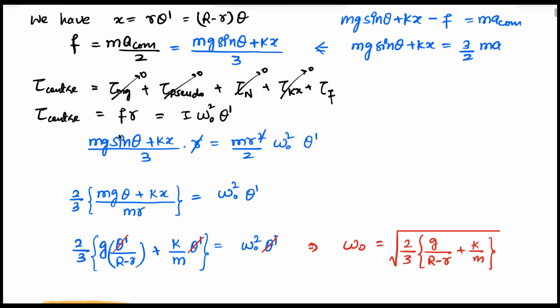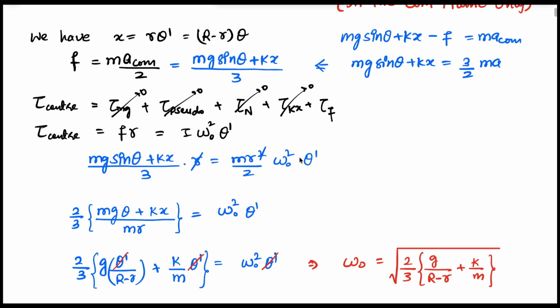Now write the friction's torque. This is the friction; its torque, when you multiply by r, equals, because we are writing the torque about the center of mass, you have to write the moment of inertia also about the center of mass. So this is m r square by 2, for a disk, m r square by 2, omega naught square theta dash. Now theta dash is the angular displacement, right?